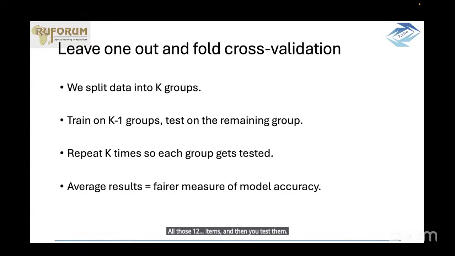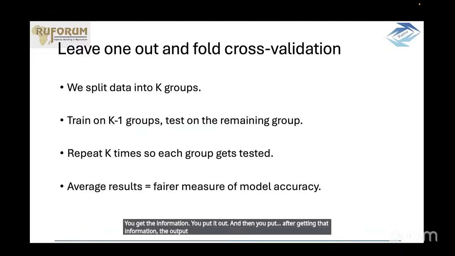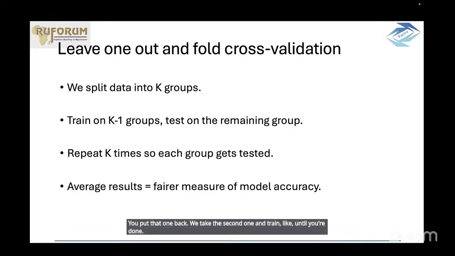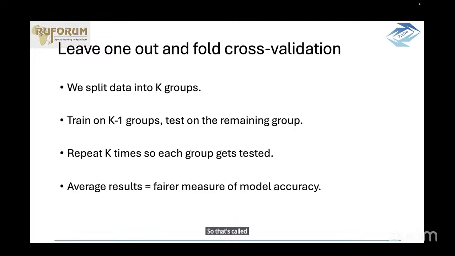But with leave one out cross-validation, you pick one out, you train your algorithm on the 11, you test on that one that you left out, you get the information, and you write the output down. You put that one back, you take the second one and train, like that until you're done. So that's called leave one out cross-validation.